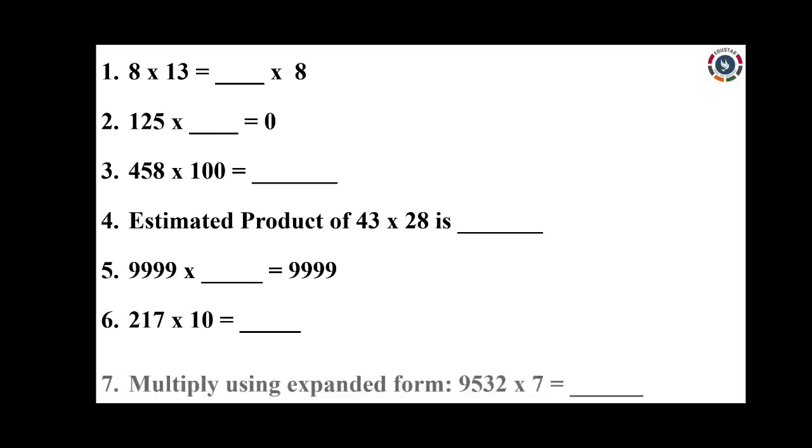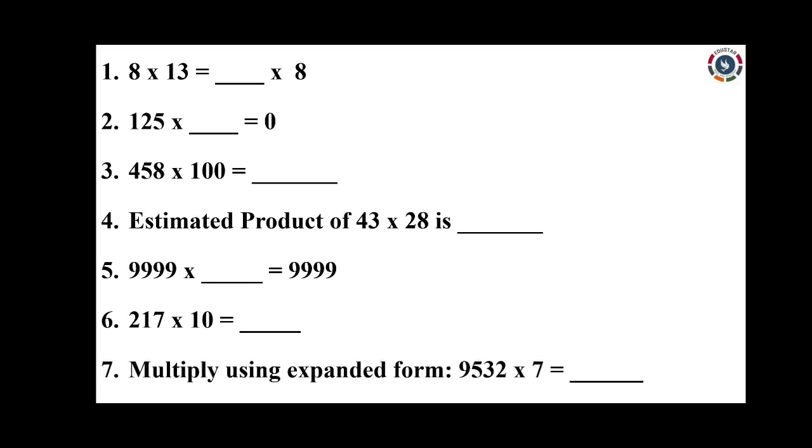Seventh question. Multiply using expanded form. 9532 into 7 is equal to dash. Eighth question. 125 into 400 is equal to dash.